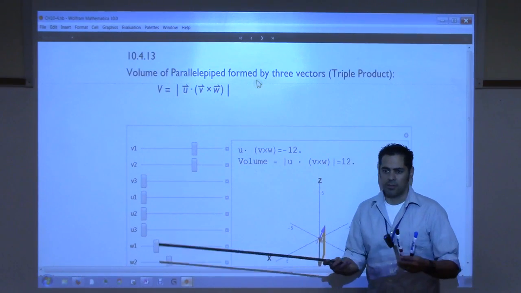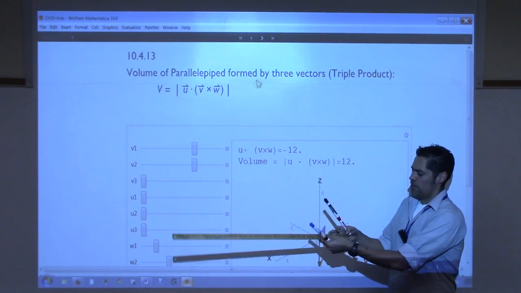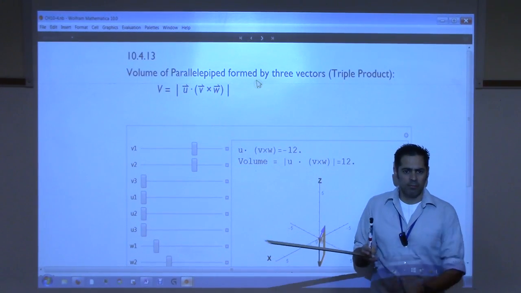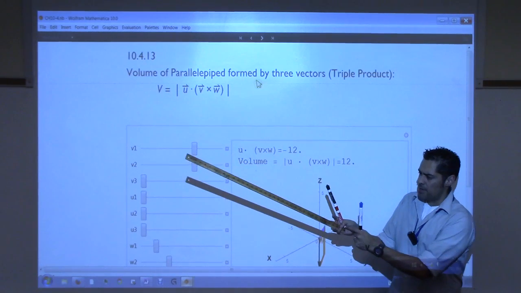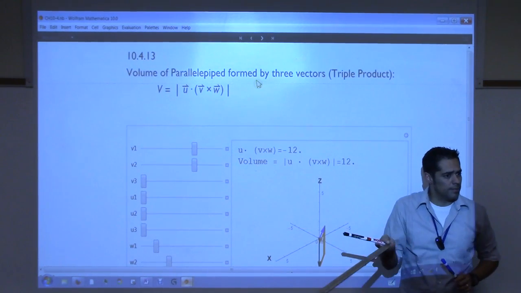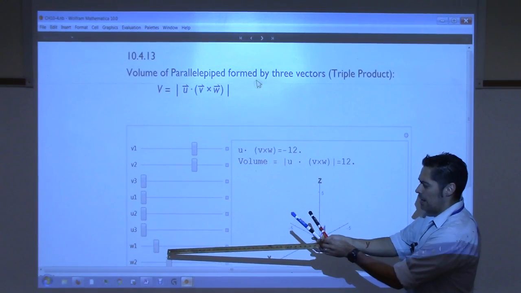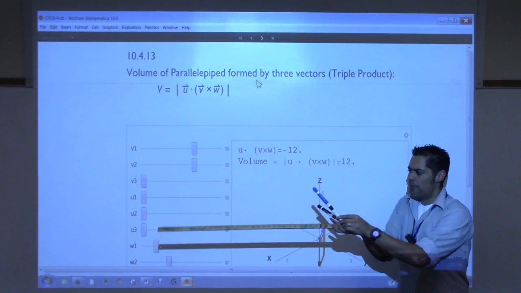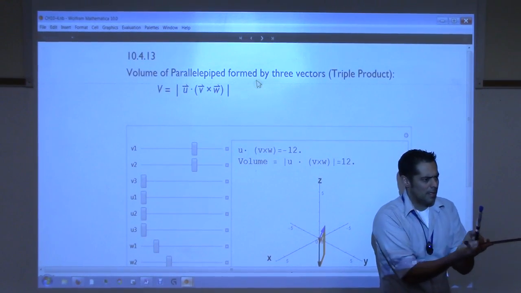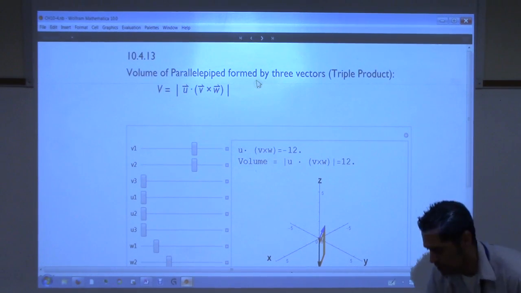I have three vectors, okay? Here's two, and these two lie in some plane, yes? If I attach them tail to tail, they form a plane, like a flat sheet of paper. If I give you a third vector that does not lie in that plane, then they will form a parallelepiped. That's hard to visualize, so let me try my best to show you with this thing.